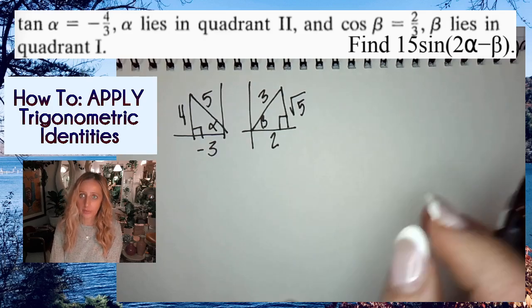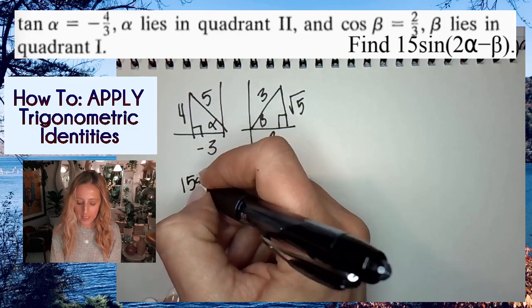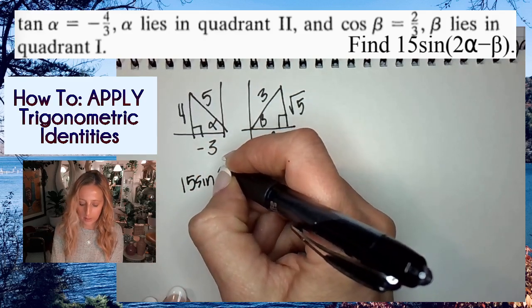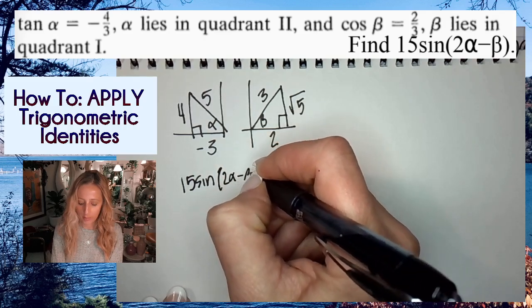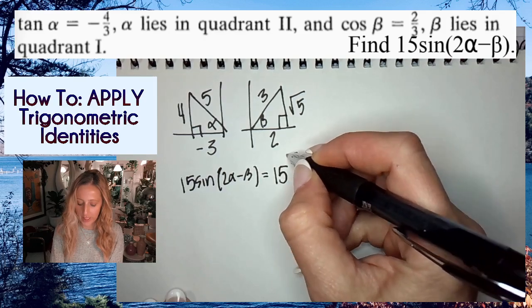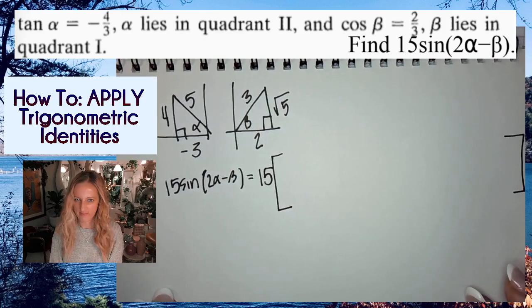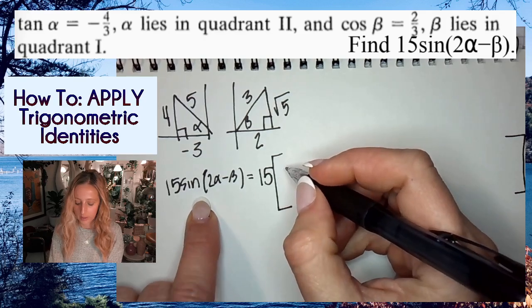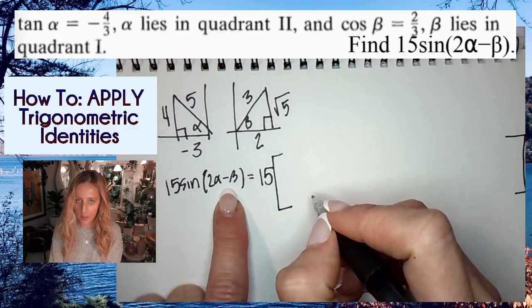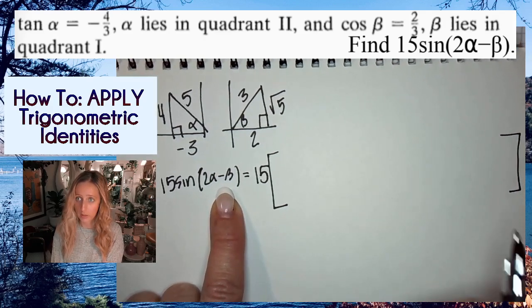From here, 15 times sine of 2 alpha minus beta. Okay, ready? Sine 2 alpha minus beta. I'm about to use the angle difference identity. Angle difference identity.